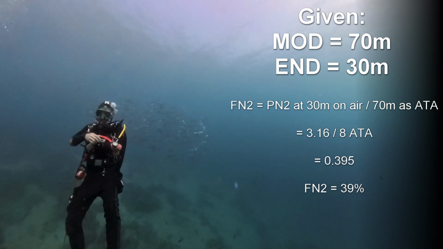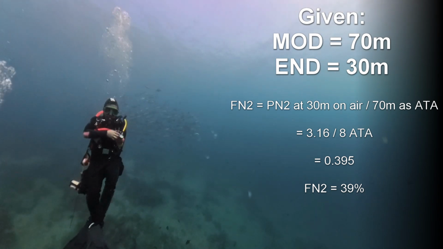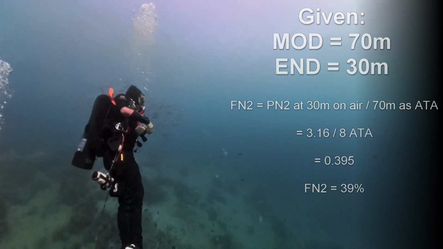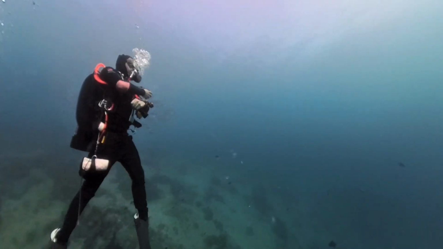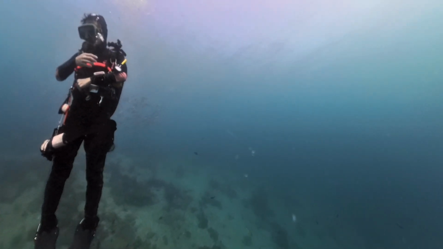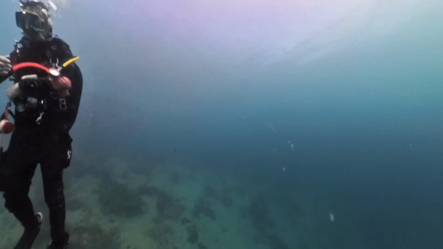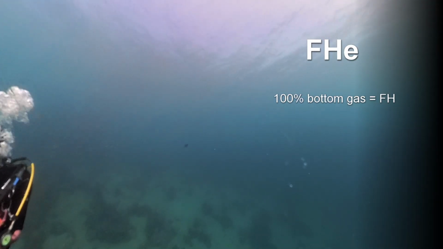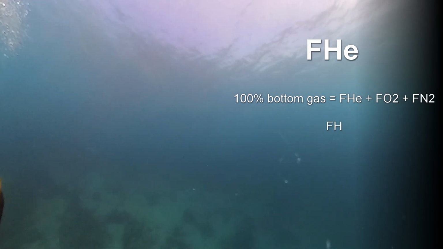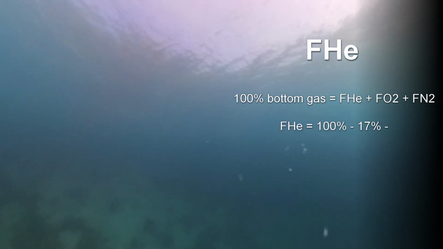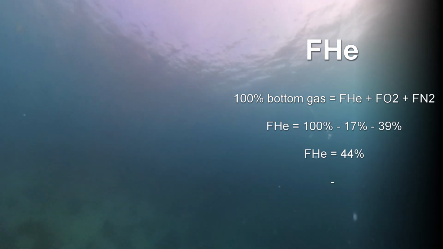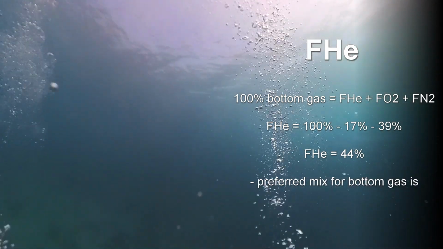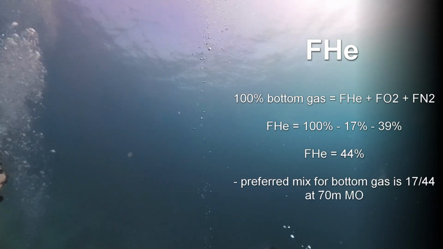To add a layer of conservatism, I will want to have 39% nitrogen in my bottom gas. Now that we know our O2 and nitrogen requirements, we will simply deduct 17% and 39% from 100% to determine our helium requirement, and we get 44%. Now we have our Trimix blend of 1744.